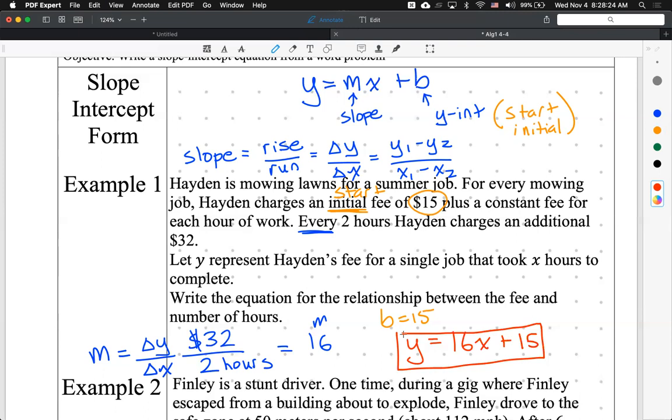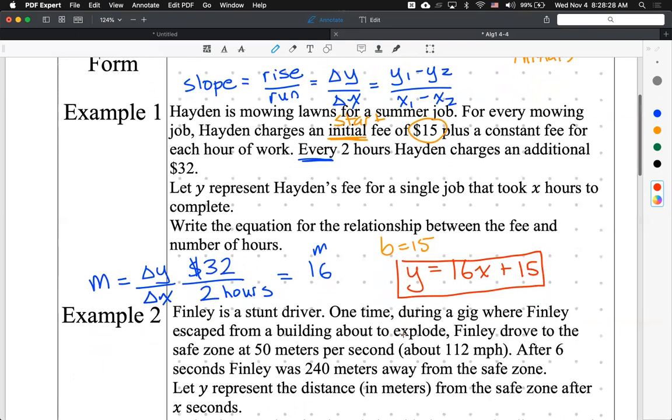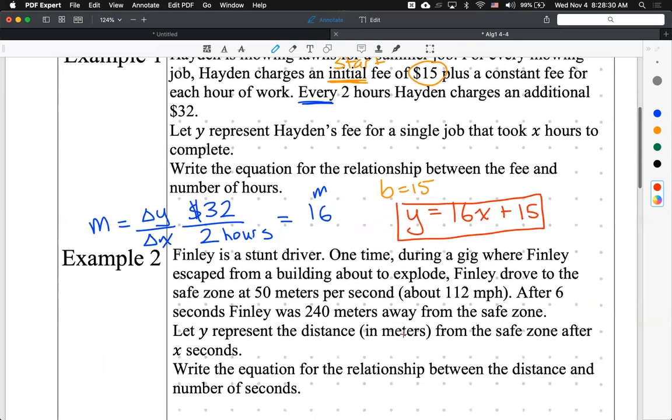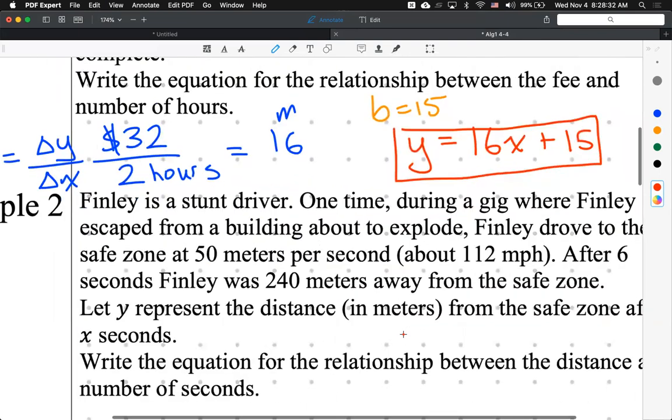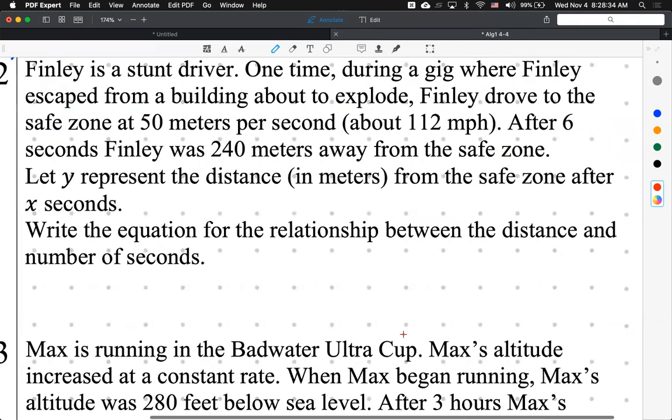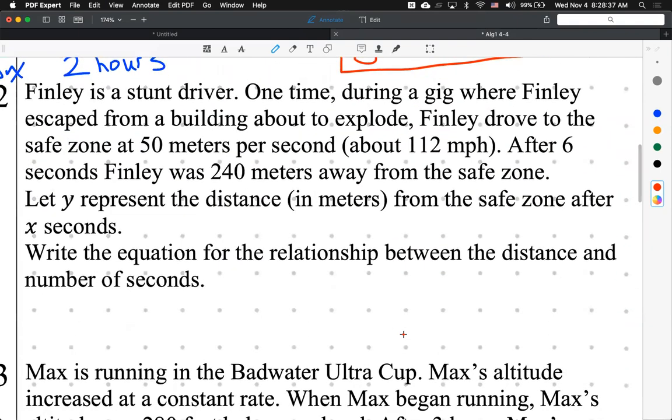Okay, we're moving on to the next problem, unless anyone has a question. All right, another beautiful voice. Example number 2. Yes, thank you, Ripley. Finley's a stunt rider.